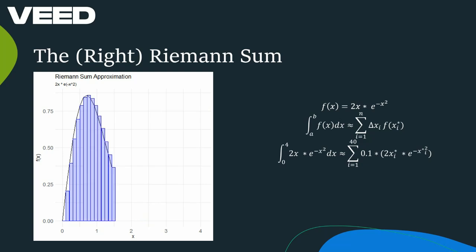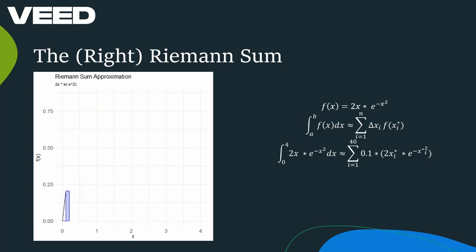Okay, so we're just going to evaluate the function within each of the subintervals, and because it's the right Riemann sum, we evaluate at the right of the subintervals, and then we're just going to add up all the areas.